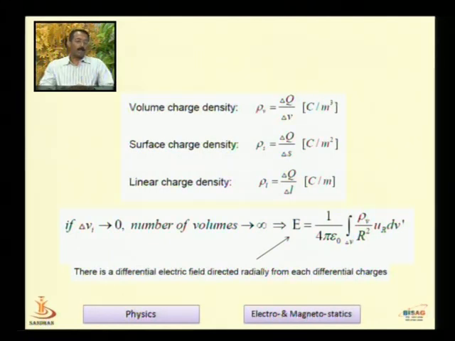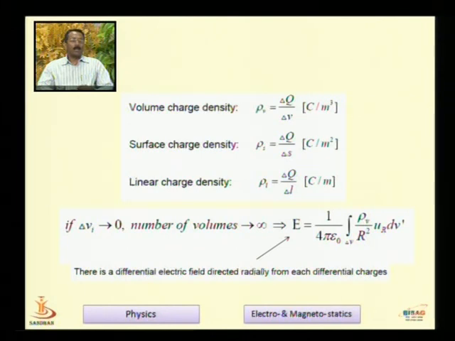So the electric field is 1 upon 4 pi epsilon, and the integration is over volume. Here we are considering volume charge density, but instead of volume, suppose you are talking about linear charge density, then you have to consider rho L, right?